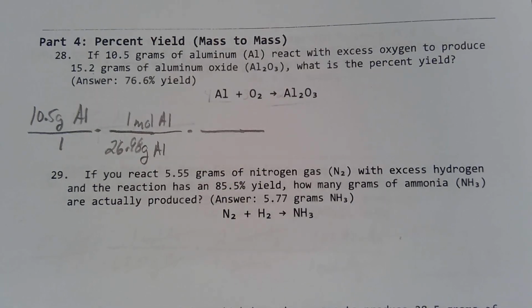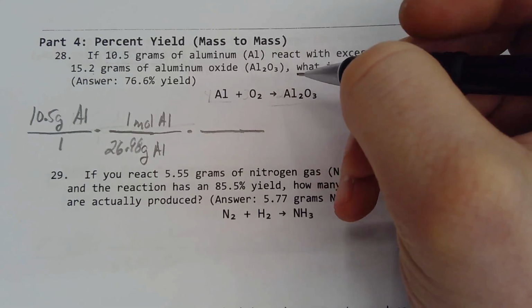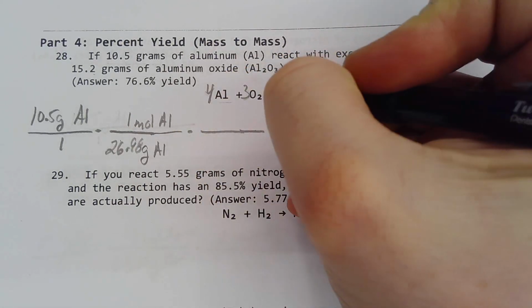Then we're going to need to put in the mole-to-mole relationship. In order to have the mole-to-mole relationship, we would need the equation balanced. So make sure you know how to balance the equation itself. The coefficients for the balanced equation will be 4, 3, and 2.